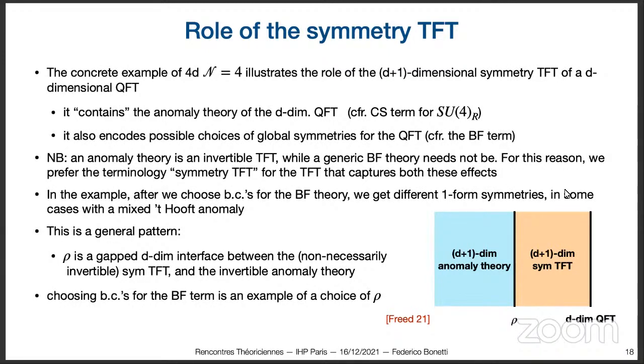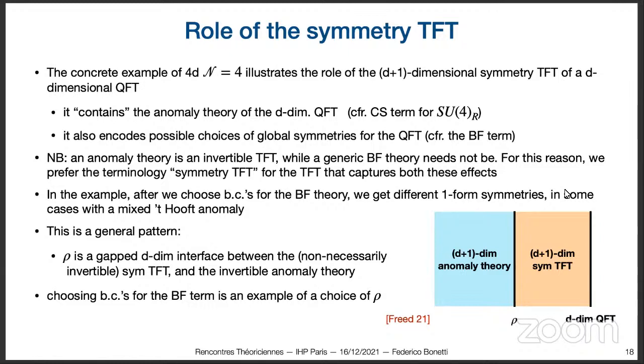Namely that, in general, the symmetry TFT is supposed to contain, roughly speaking, two pieces. Here, I'm not being super precise. We definitely want the anomaly theory, but sometimes we need more. We need the analog of these BF terms that allow us to choose which form of global, say, one-form symmetry, for instance, we have in the theory. And here, a note on terminology: the anomaly theory is usually understood to be an invertible TFT.